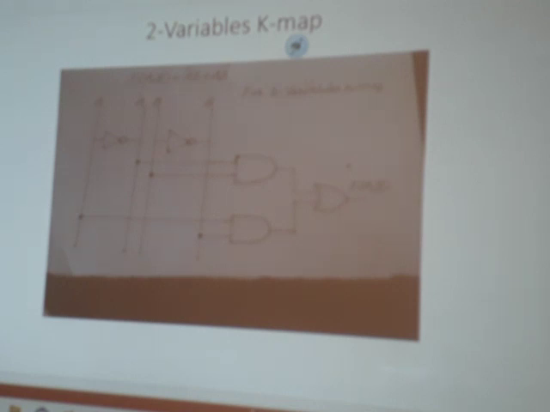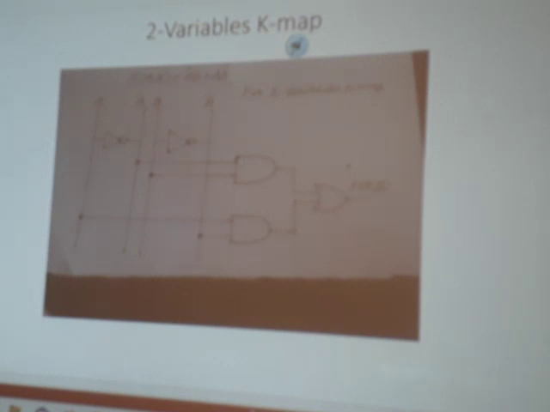The first line is a, and then we connect an inverter with this line, and we have a dash. Similarly, one line is b, and if an inverter is connected with it, then we will have b dash.